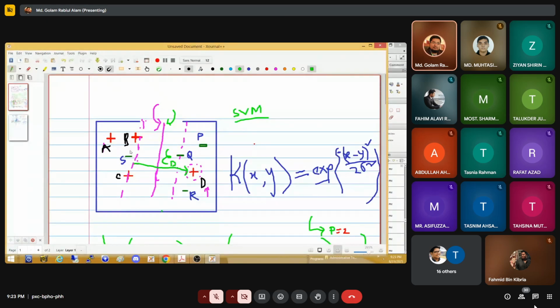So the value of the slack will be from the negative gutter to that negative misclassified instance, this distance. So we can consider this one as our slack for S.